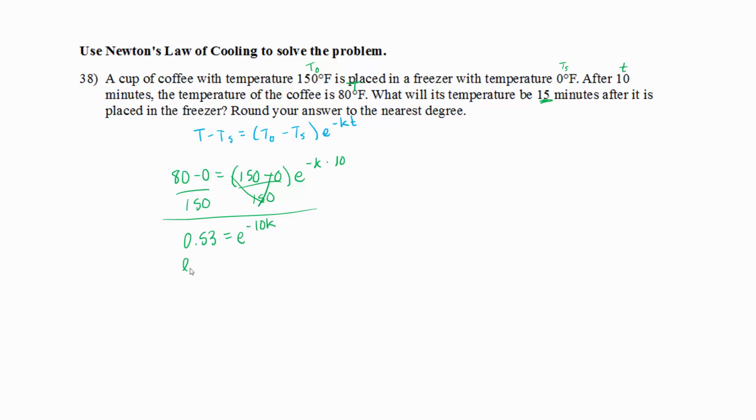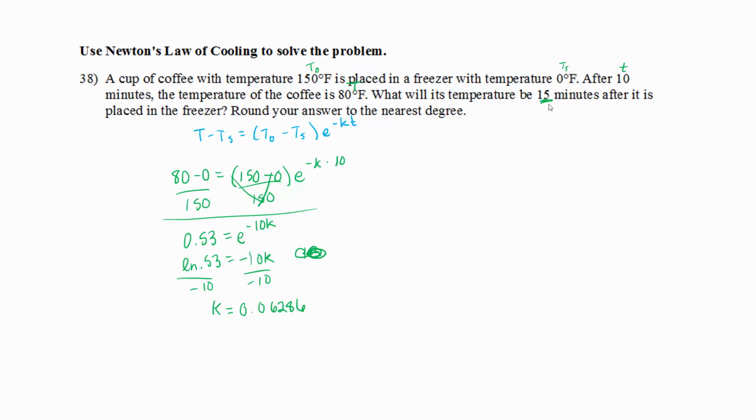We'll take the natural log of both sides and then divide by negative 10. And so that gives us k, which the more decimals you write down here, the better, but at least write down 3, if not more. This is 0.06286.